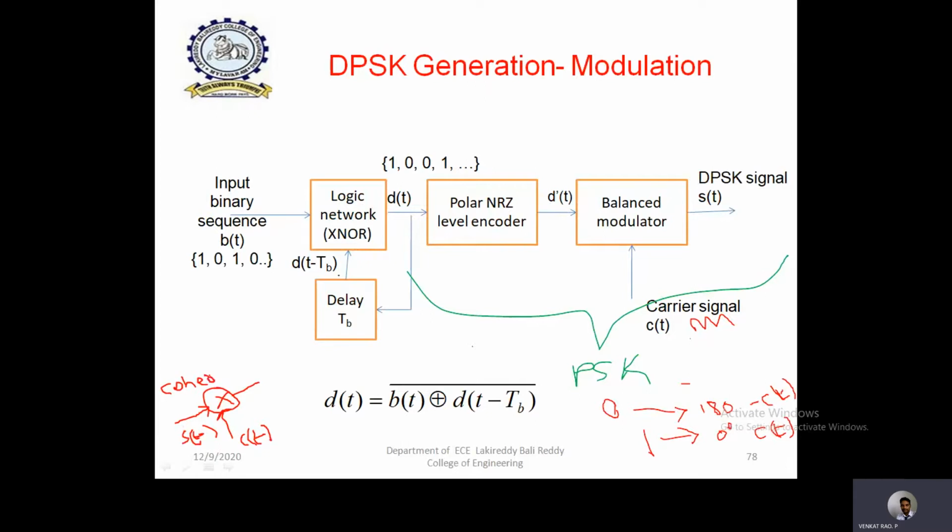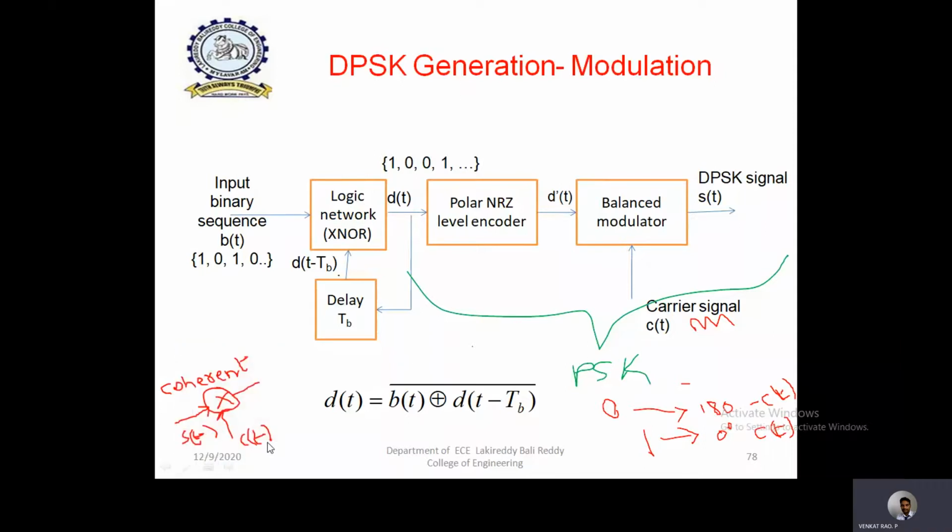Whenever you find the term coherent detection, you can clearly observe this particular block first. In the demodulation of coherent detection, the modulated signal has to be multiplied with the same carrier, that means the carrier used in the modulation. So the same carrier must be used here.